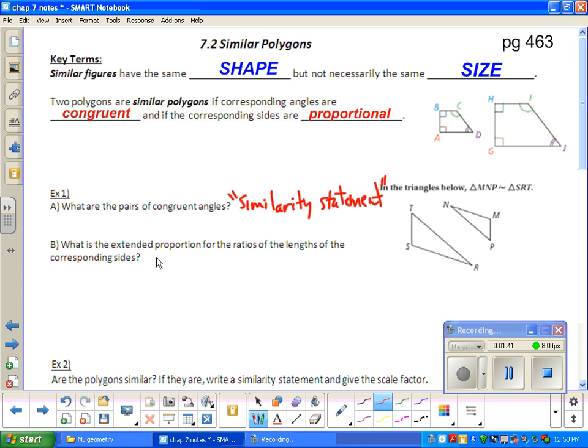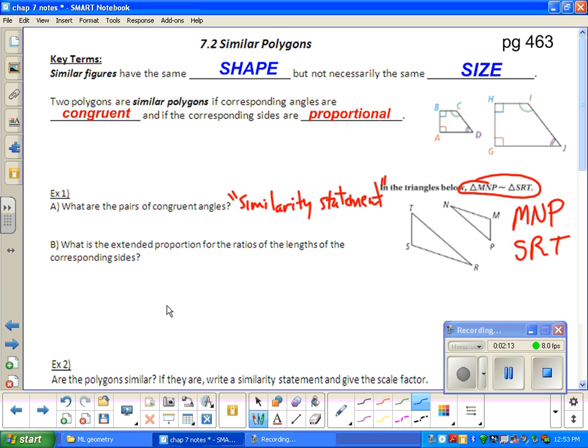So remember when we're given this, some of us can't look at these two triangles and figure out which side goes where. But if it gives you this sentence here, and remember how I had said you can put it as M and P, and it's telling you it is congruent to SRT, the two letters that are on top of each other are the congruent angles.